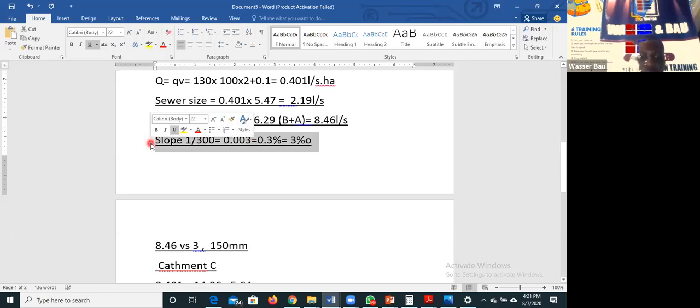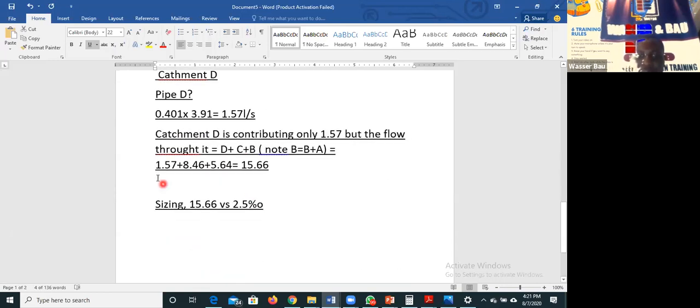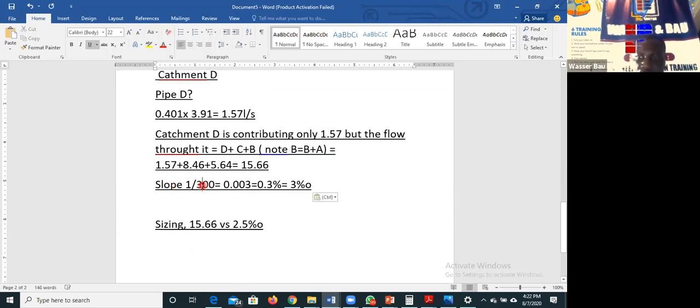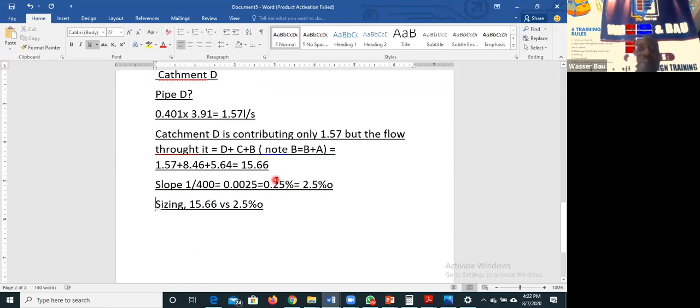So let me just copy it again. For the last time, I won't copy it again. The slope is 1 in 400, which is 0.25, which is how I got 2.5 per thousand.